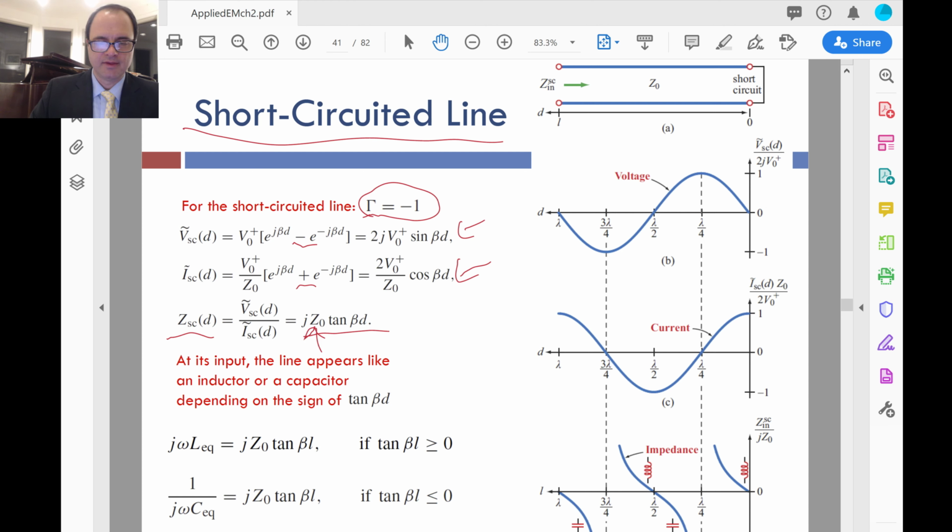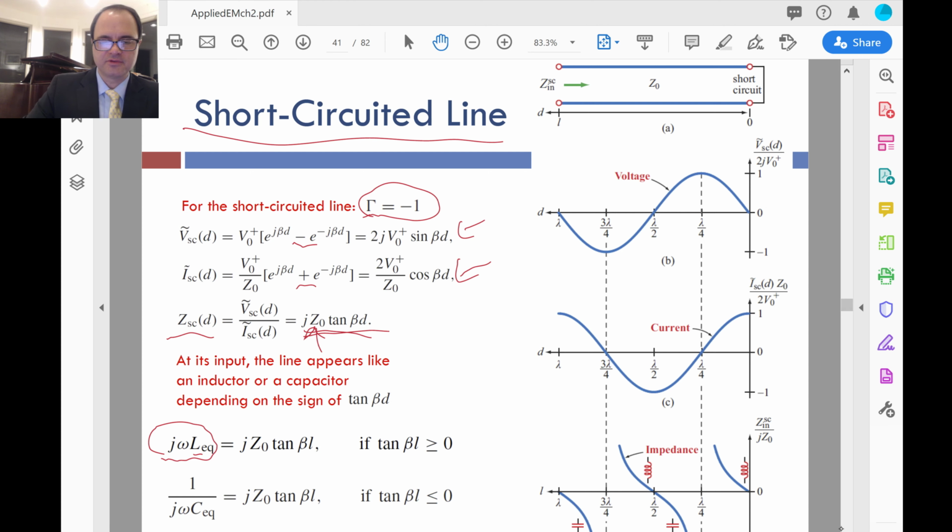We'll recall that the impedance of a load of inductance L is given by j omega L. And this looks like that as long as tangent remains positive, because omega is positive and L is positive.